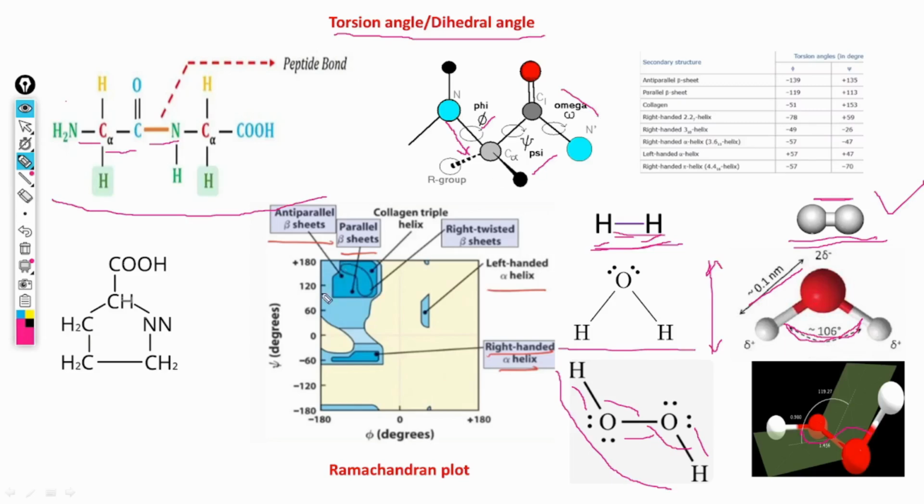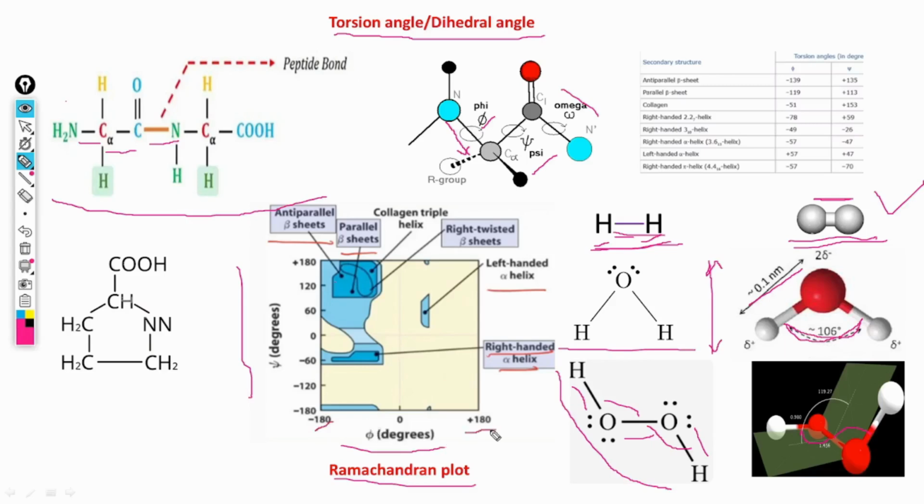For example, this is called the Ramachandran plot. In the Ramachandran plot, on the x-axis the phi is present and on the y-axis the psi is present. The phi ranges from minus 180 to plus 180. What is plus 180?